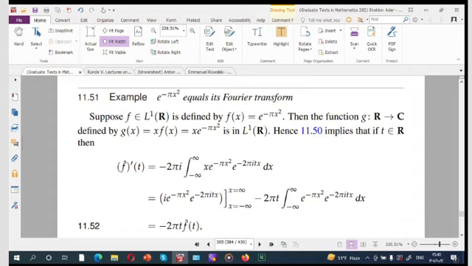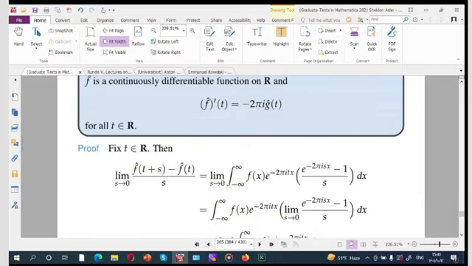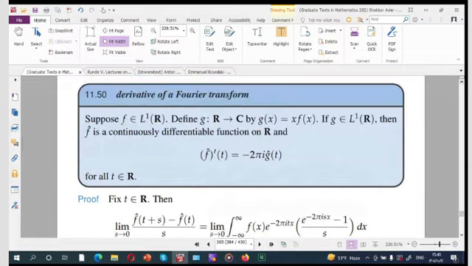f hat prime of t equals minus 2 pi times this integral, because we have this equality. Okay, f hat prime of t equals minus 2 pi g hat of t.